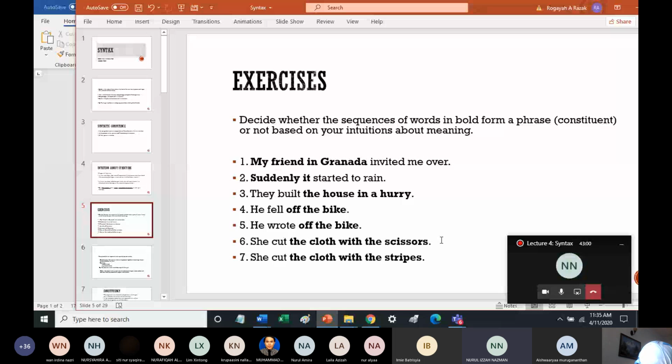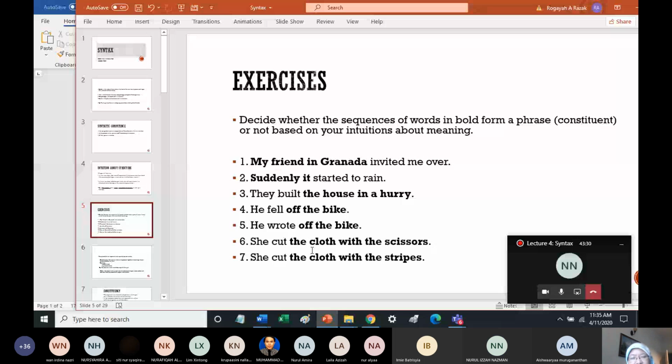I think she cut the cloth is one constituent and with the scissor is one constituent. Why? Because she cut doesn't have meaning, but when she cut the cloth, it has meaning. With the scissor also has meaning. What's the meaning? She cut the cloth using the scissor.